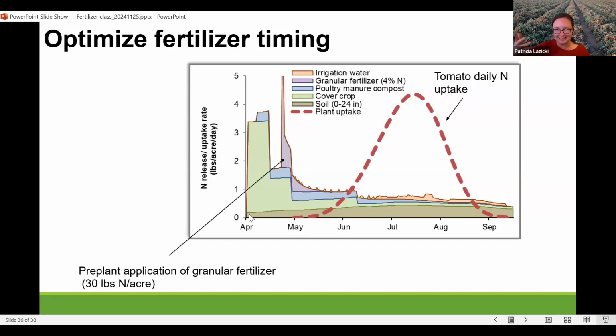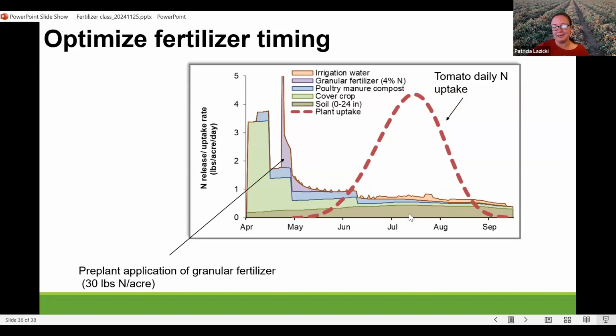Another thing that's preaching to the choir for organic growers, but notice this brown arch at the bottom. This is the nitrogen that's being mineralized from the soil organic matter. And notice that this is the only one that shares the same release rate pattern as the pattern of uptake.